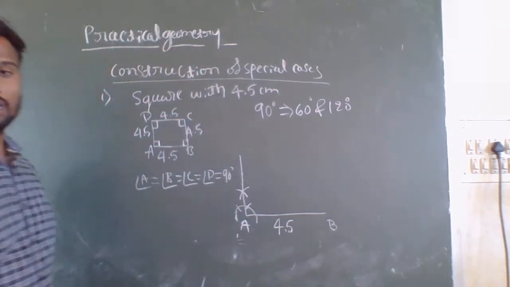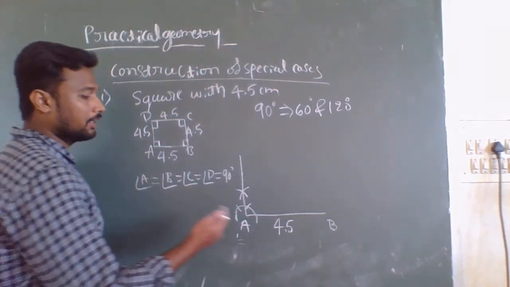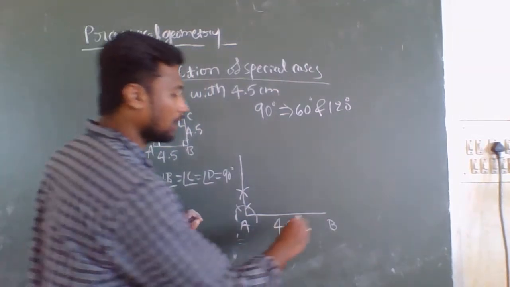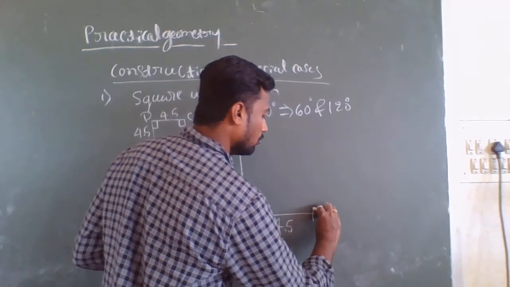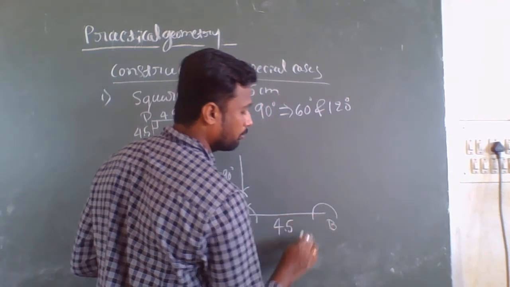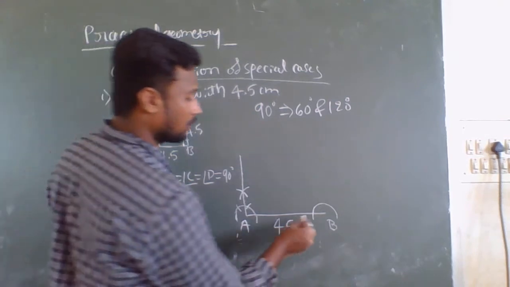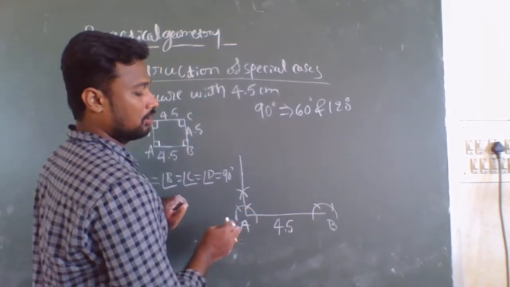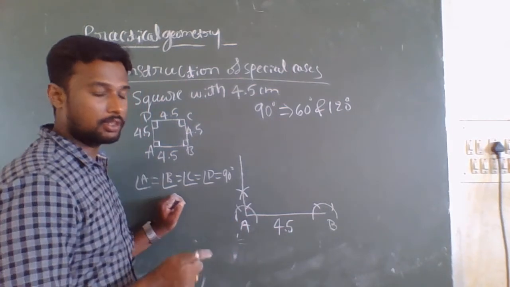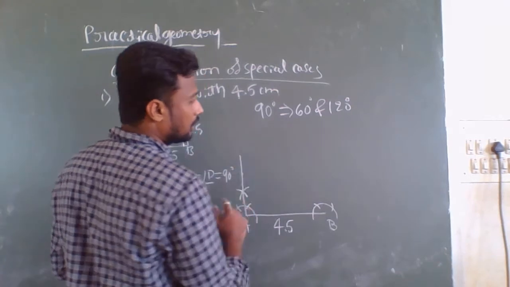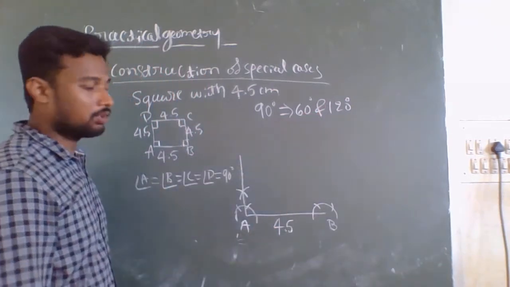Like this only, I will construct again 90 degree on point B. So again I will draw an arc by keeping the needle of the compass on point B, and again I can construct 60 degree and 120 degree by keeping the same distance of compass, because this 90 degree is between 60 degree and 120 degree.